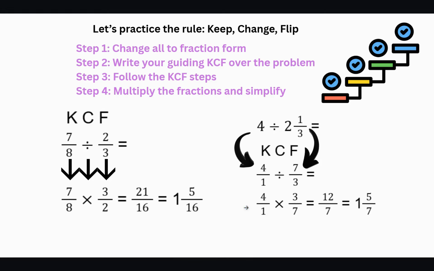Again, this one also resulted in an improper fraction where the numerator is bigger than the denominator, which shows that I have more than one. For this one, I have one whole item with 5 left over, and that's where I get my 5/7.